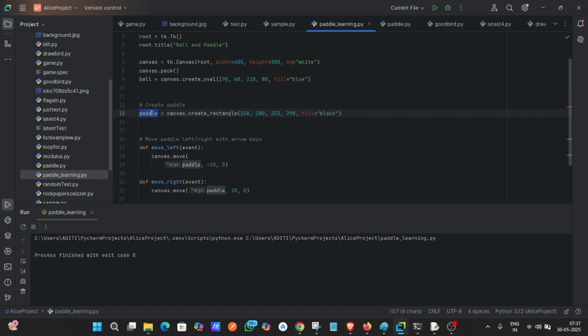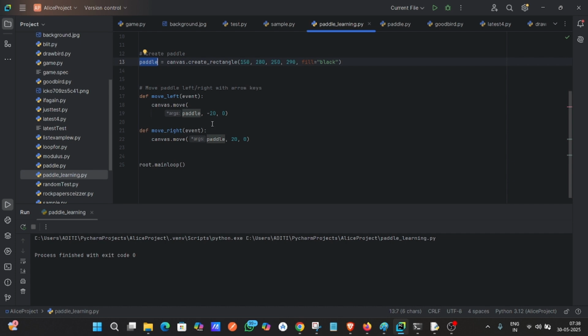Because the paddle we have created, and the paddle we have also fixed on the canvas. So the paddle we have created inside the canvas at this location, so the canvas has the information that it has a paddle. And now we are saying move left minus 20 and here move right plus 20. If you remember xy coordinates, if you want to move to the left, you have to decrease the x coordinate, and if you want to move to the right, we have to increase the x coordinate. So this we have created.